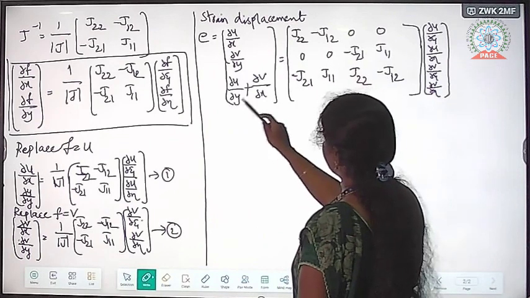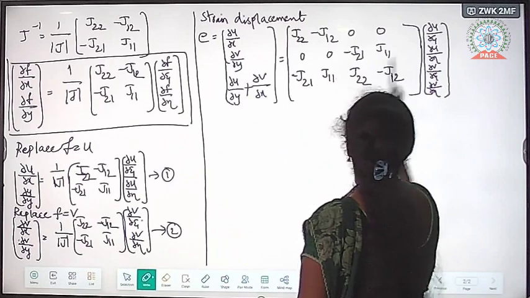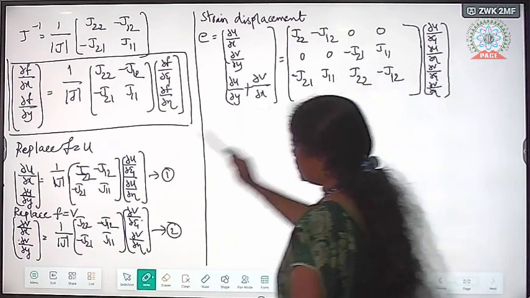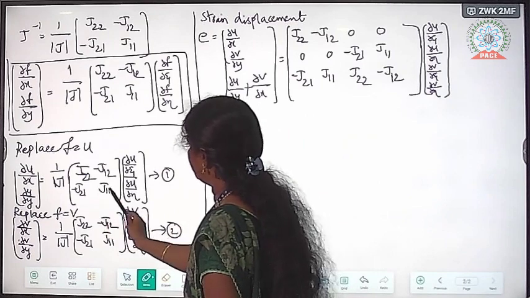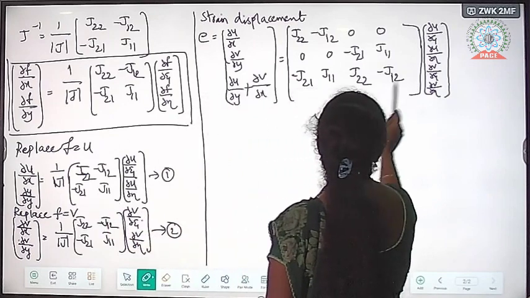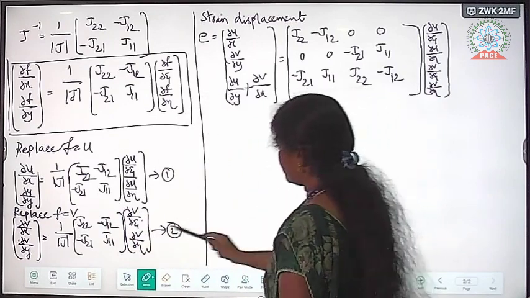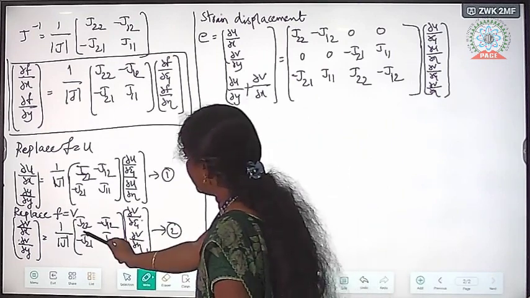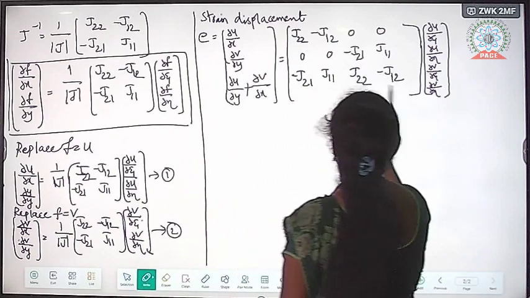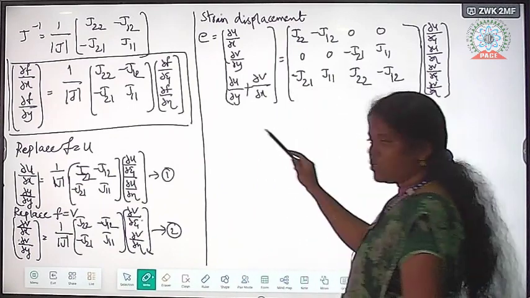Here both x and y axes are there. So here the dou u by dou xi term, dou u by dou eta, minus J21, J11, and similarly dou v by dou xi and dou v by dou eta, with J22 and minus J12. Like this we have to write the total matrix form.